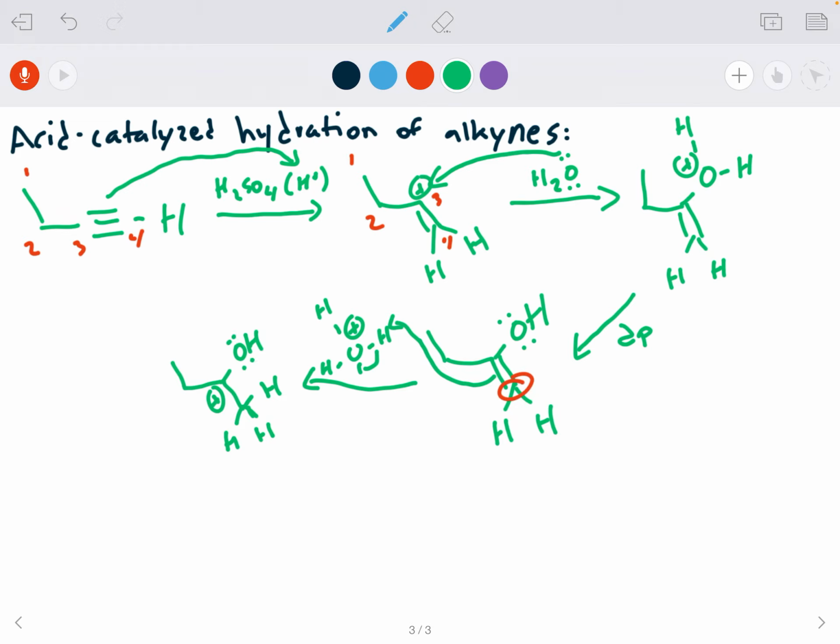So now, given we have the positive carbocation and the lone pair on the oxygen, that will come down and form a double bond there.